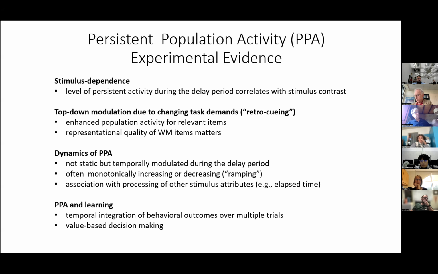Something that also captured our attention was persistent population activity associated with learning. If you speak about value-based decision-making in uncertain environments, there is a need for temporal integration of behavioral outcomes, the choices and the successes or reinforcements.